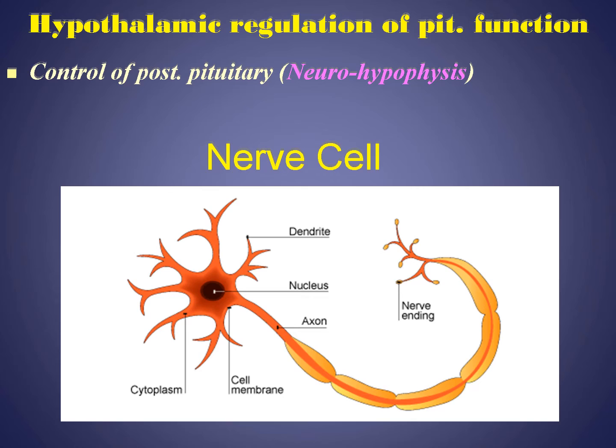Back to physiology, if you remember, this figure shows the nerve cell, which has two main parts: the body of the nerve cell, which contains the nucleus, dendrites, cytoplasm and cell membrane, and another part which is the axon, that ends with what we call nerve endings.